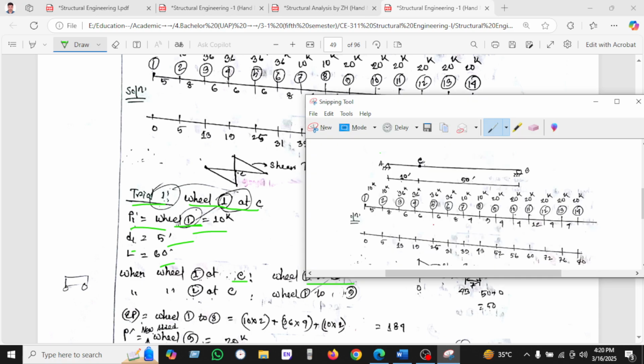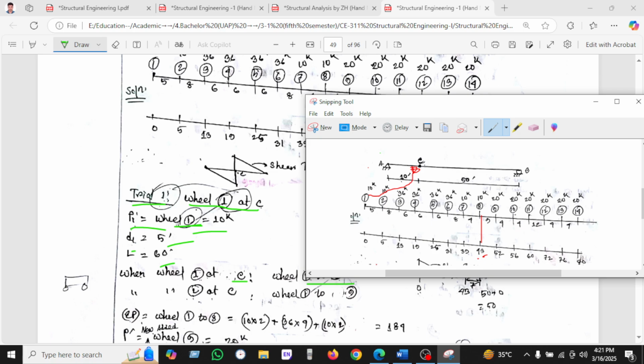That means this point is 43. As we have known, this is 10 feet already, we have found here a 10 feet, and wheel 1 we have selected here. So 43, as we know, the 43 value is given here.